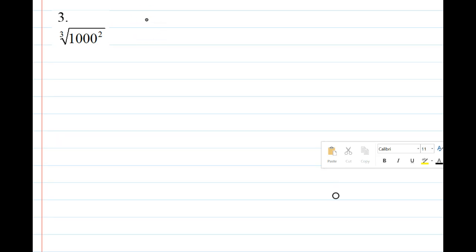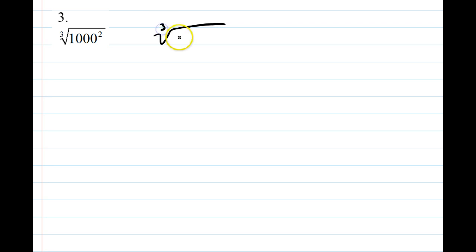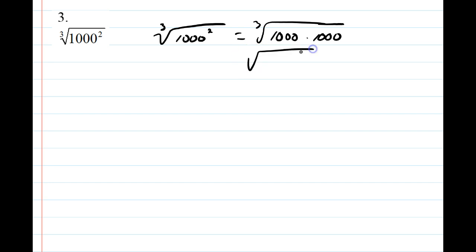Alright, so let's look at the cube root of 1000 squared. So what I'm going to do is I'm just going to rewrite this as 1000 times 1000. And so now 1000 breaks down to 10 times 10 times 10.